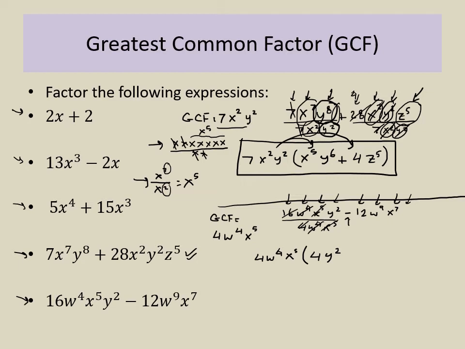Then we put the sign in the middle, minus, divide again. Twelve divided by 4 is 3. W to the 9th power divided by w to the 4th power, subtract the exponents, that gives us w to the 5th power. X to the power of 7 divided by x to the power of 5, that's going to leave us with x squared. And that would be our factored form.